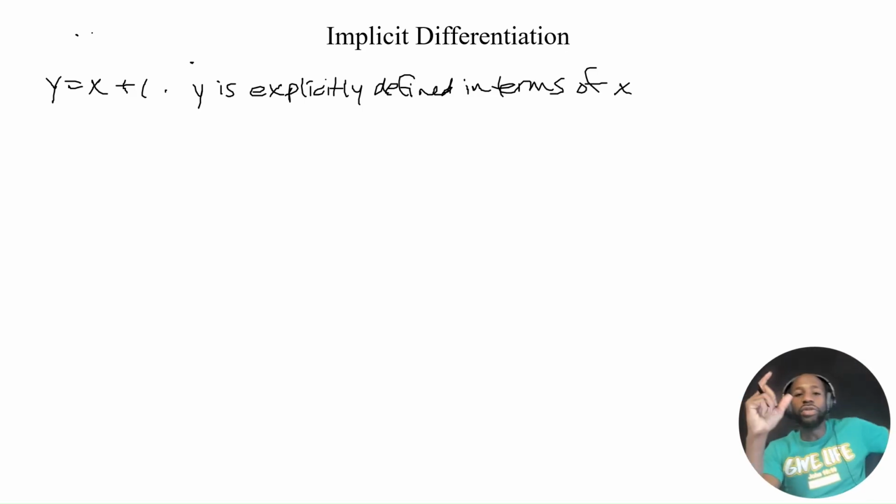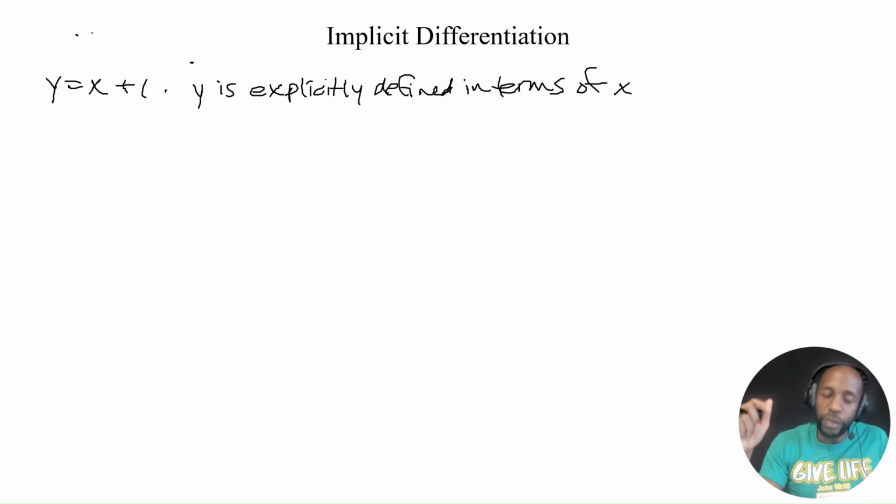So it's very clear that y is equal to x plus 1. It's explicitly being defined in terms of the other variable x. Other equations, however, may be implicitly defined by a relationship between two variables.